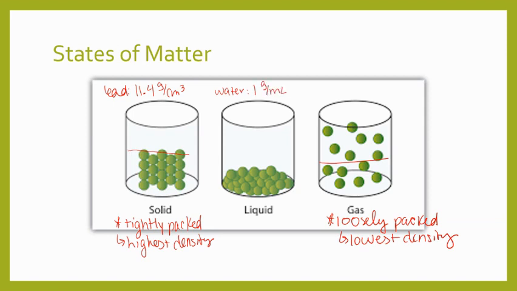And then our gases are going to be even smaller. Our gases have such a small density that CO2's density is about 0.00198 grams per milliliter. So we can see that our gas particles are substantially more spread out than our solid particles. Solids are the most compact, so they are going to have the highest density.